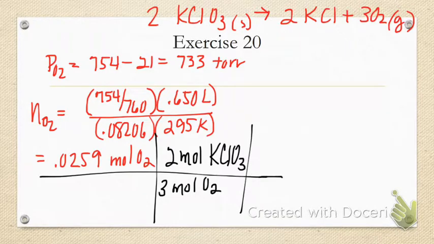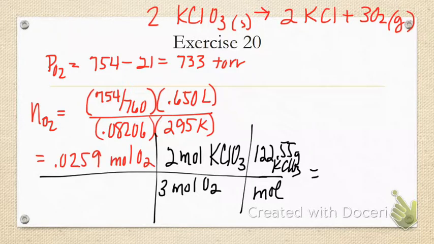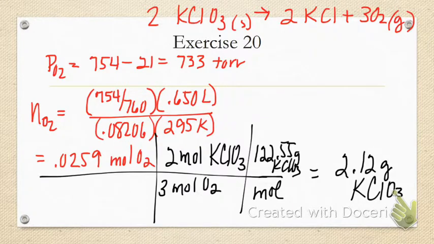The molar mass is 122.55. And we need 3 sig figs, so that would come out to be 2.12 grams of potassium chlorate was originally decomposed. Okay?